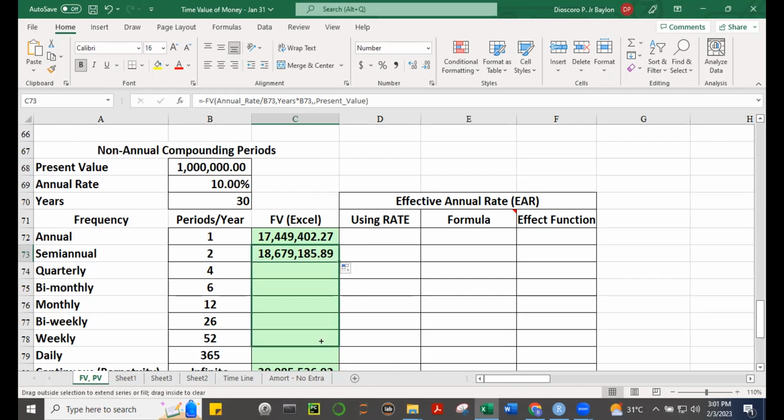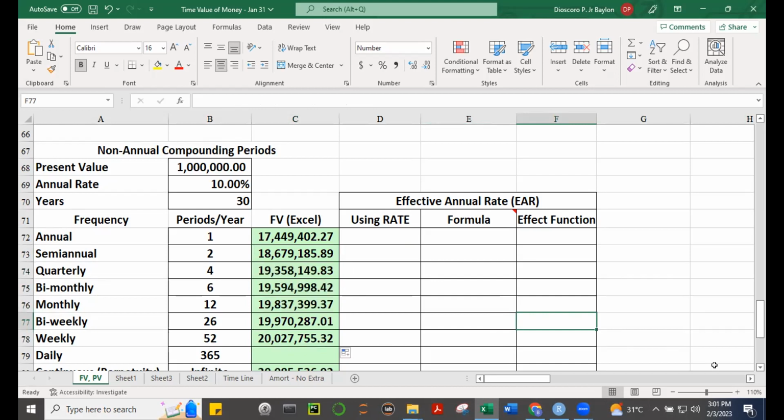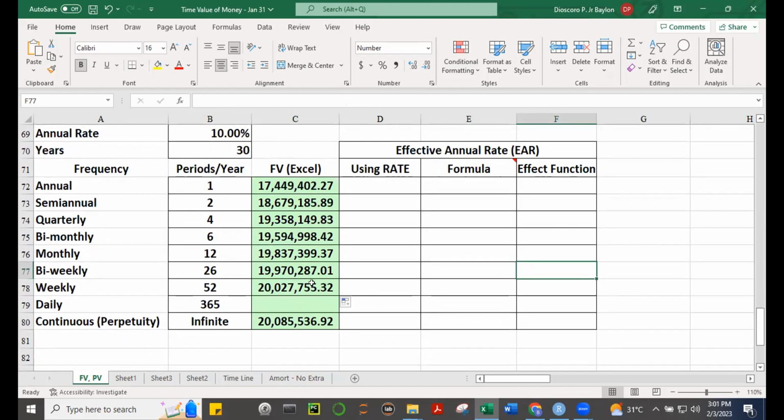So if we copy this up to the weekly compounding, you can see here the difference among the different compounding periods. So the more compounding every year, the greater will be the future value.